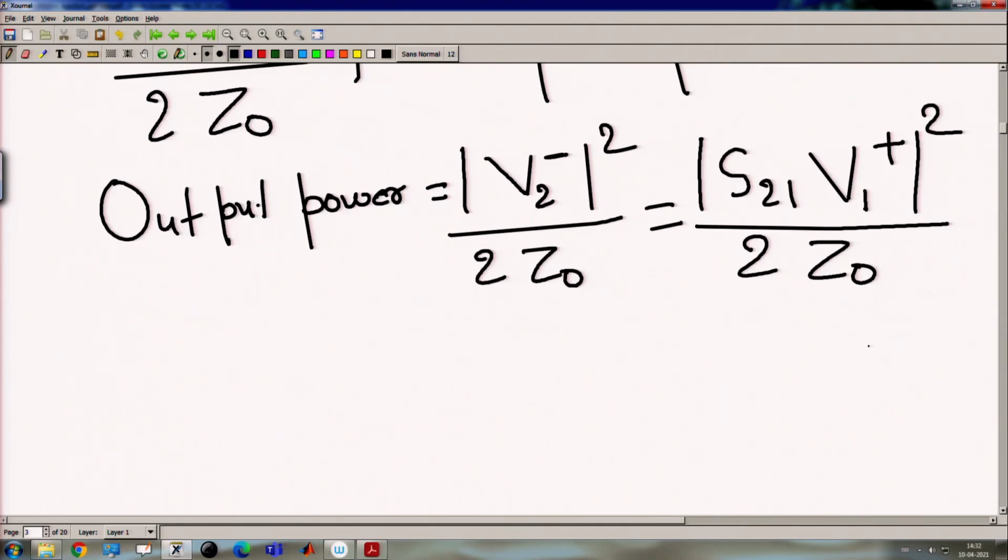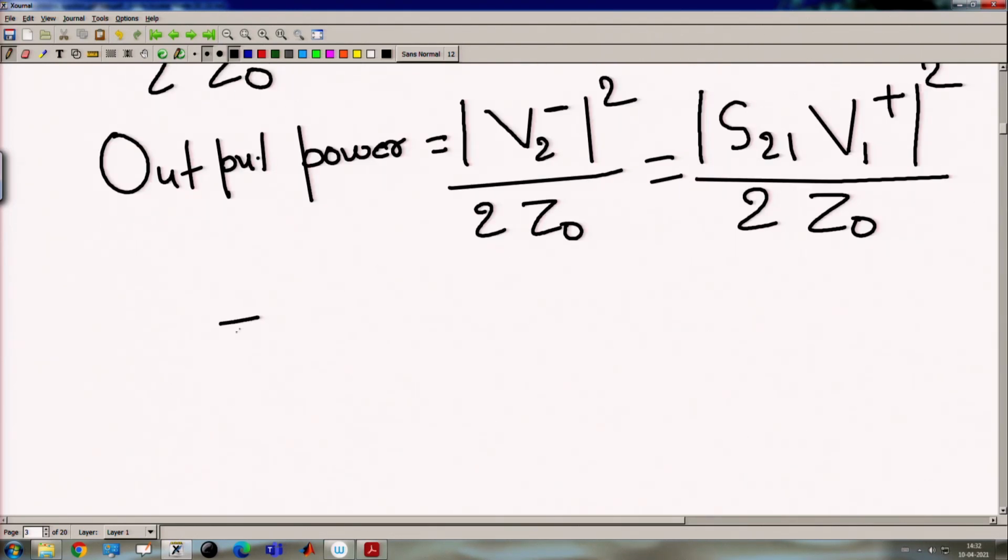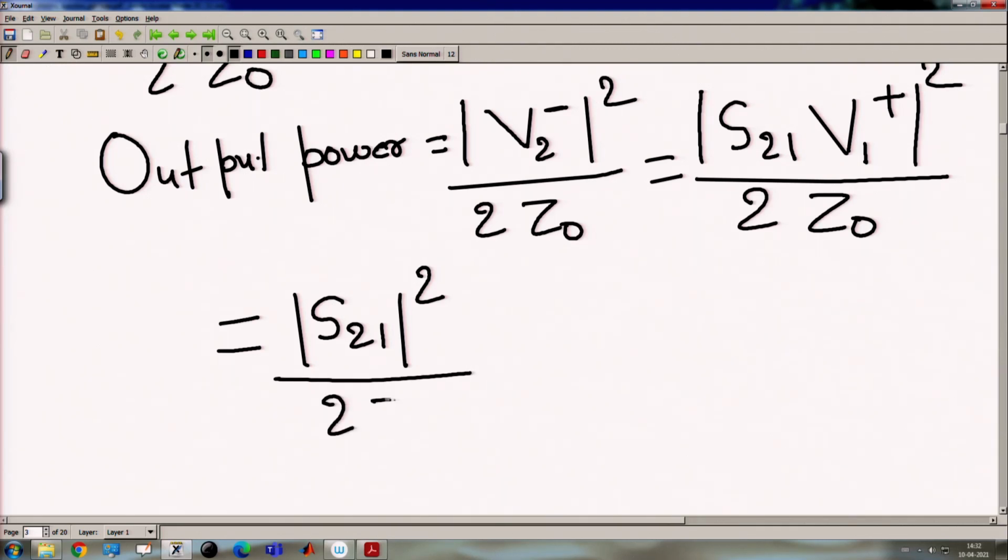So S21 we know, and this can be written as S21 whole square divided by 2 Z naught into V1 plus whole square.